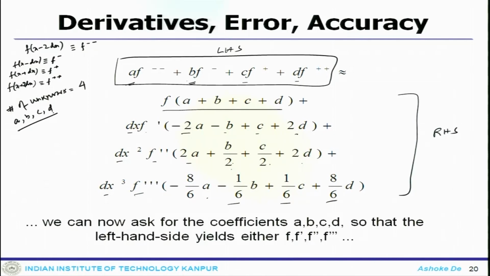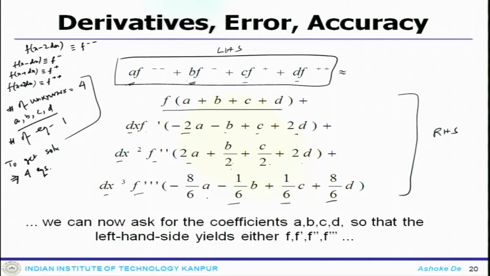In the previous case we had 2 unknowns and 1 equation, but we devised 2 different systems and solved for a and b. Similarly, here we have 4 unknowns, so to get a solution we need at least 4 equations.